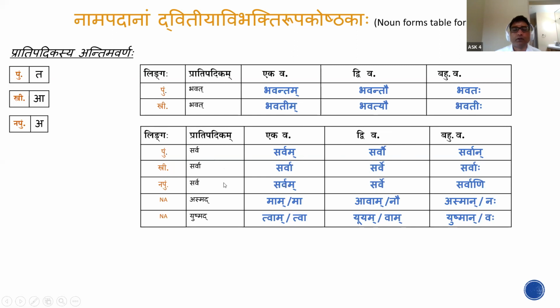This is again Napumsakam, so it doesn't change. And this is something new for Aham. Aham, Mam, Avam, Asman. Now remember there are other words, especially in slokas, you will come across this. That is how you will know that in a sloka, nah or naha will come more.